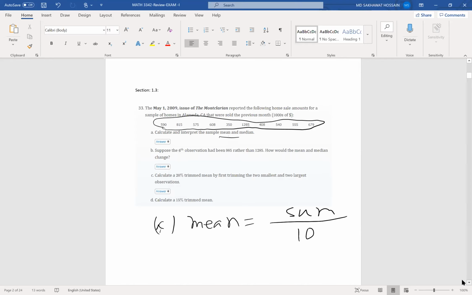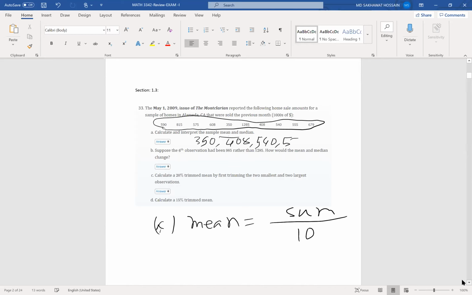And the median: first you have to rearrange them in order, either ascending, increasing order, or decreasing order. If you rearrange them in increasing order, the smallest one is 350. Then the second one is, I think, 408. Yes, the third one is 540.